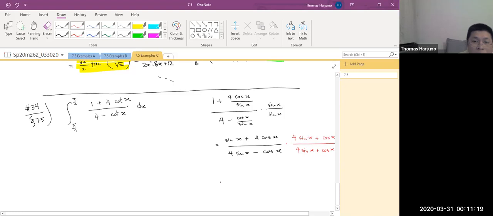The purpose is so that on the denominator we get 16 sine squared x minus cosine squared x, while on the top I will get 4 sine squared x plus 17 sine x cosine x plus 4 cosine squared x.